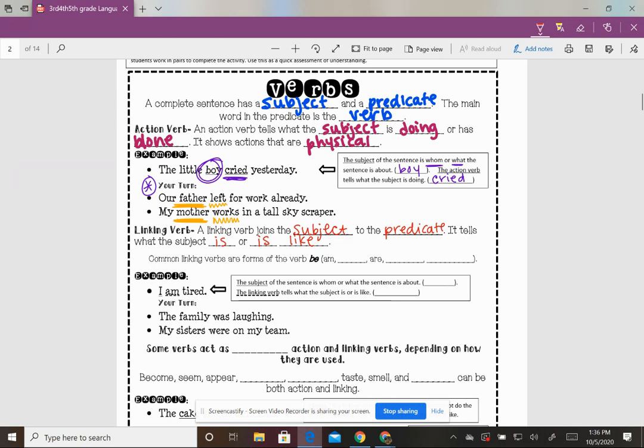Some common linking verbs are verb forms of the word be. For example, we have am, is, are, was, and were. Am, is, are, was, were. You're going to hear your teacher reference those forms of be quite often this year.